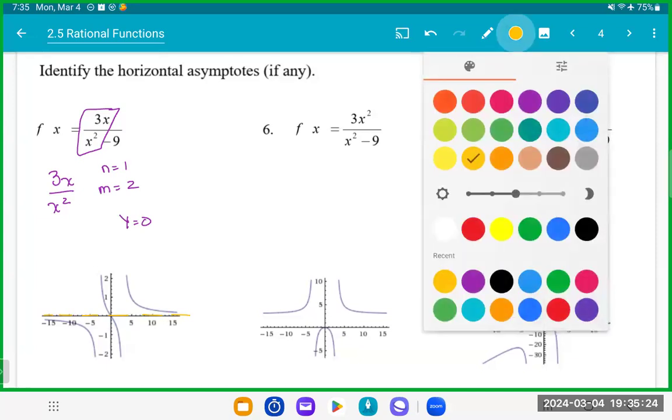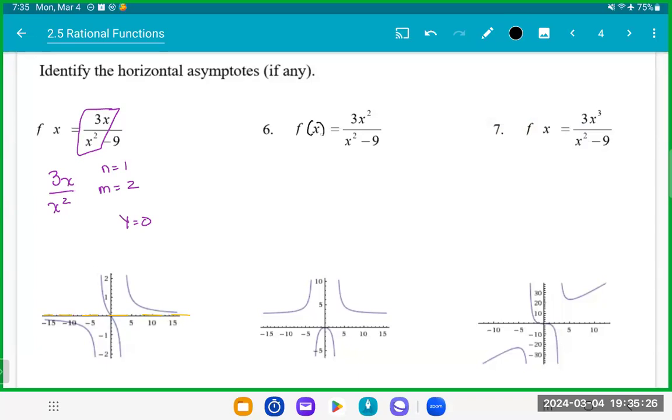So let's look then at our second example. Here we have 3x squared over x squared. You can see that our n is equal to 2 and our m is equal to 2. So they have equal exponents.